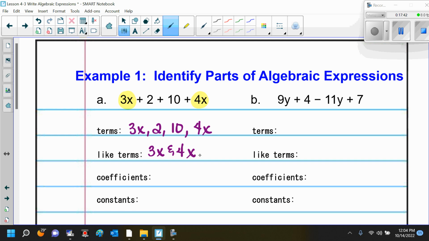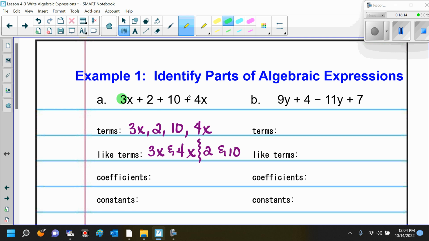Now I also want to tell you that constants, we can also put those together, so those are also like terms. Is everybody with me? So also 2 and 10 are like terms because they're both constants. Now, the coefficients, remember that's the number that's in front of the variable.